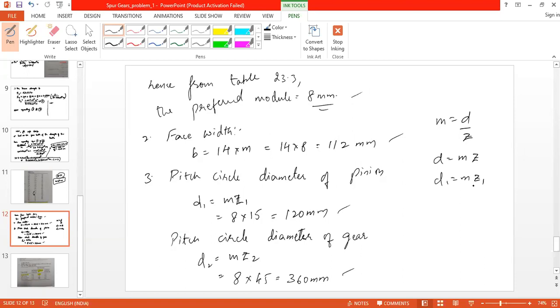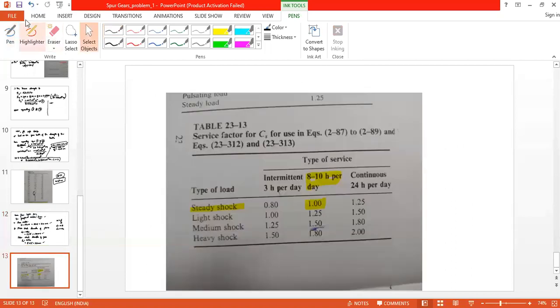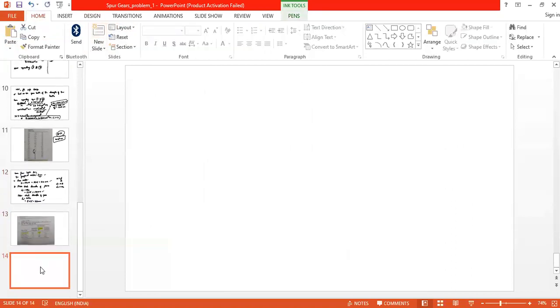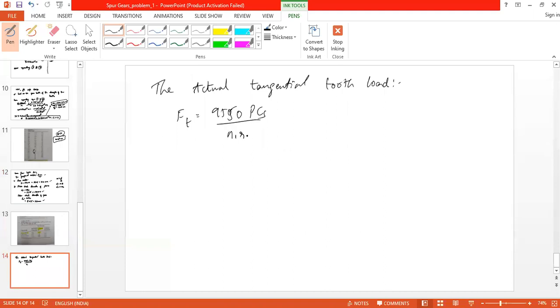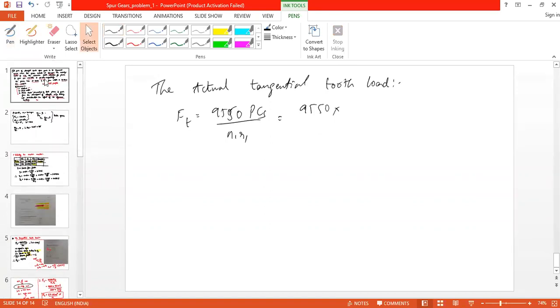Okay. And now let's cross check our answers. The actual tangential tooth load. What is actual tangential tooth load? That is Ft is equal to 9550 P Cs by N1 R1. Right? So here, if I substitute all the values, that is 9550 into P. What is the power?